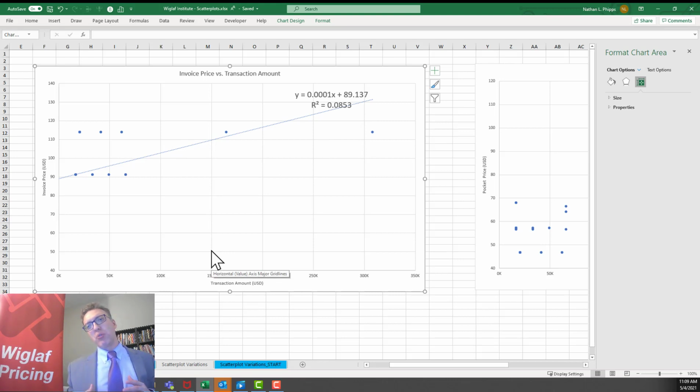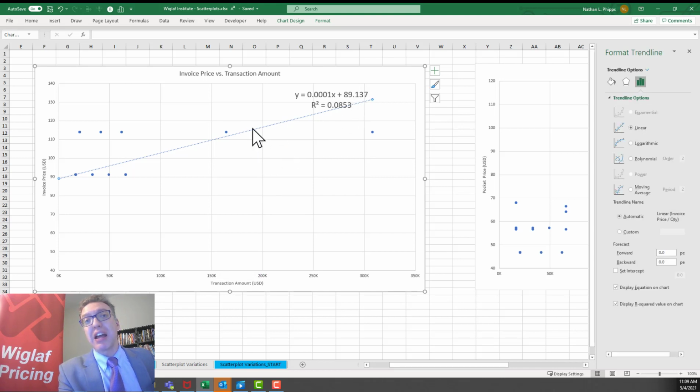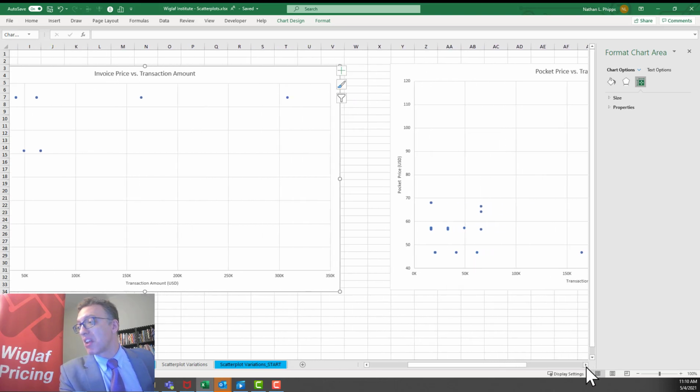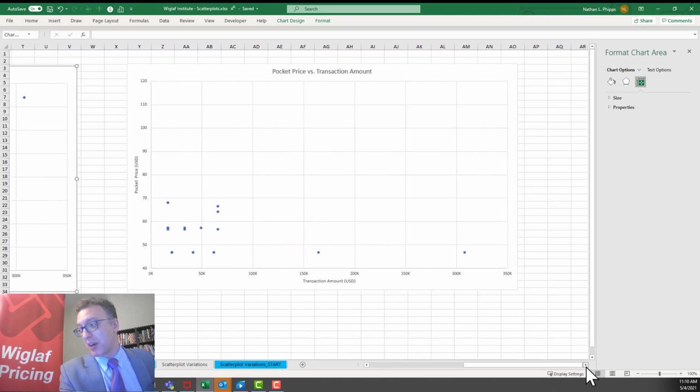You don't want to give anyone who's consuming your analysis the impression that there is a strong correlation when there actually isn't. So you want to make sure that you provide them with context that this is essentially no correlation. For me, I would just remove the trend line entirely because there's no strong relationship there.